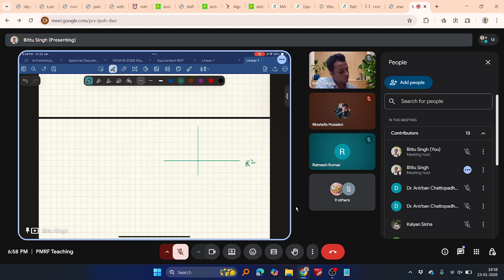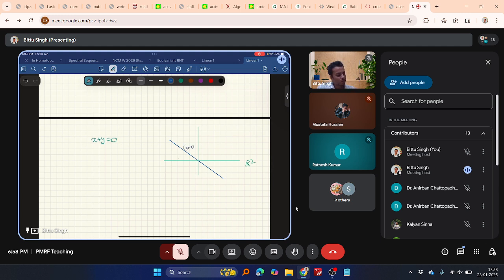Now suppose there is a relation like this, x plus y equal to 0. Then this relation gives me this line, something like this. All the elements will look like x comma minus x.